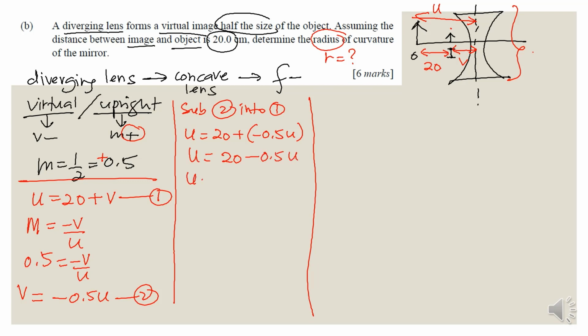U tambah 0.5 U sama dengan 20. So 1.5 U sama dengan 20. So U sama dengan 13.33 cm. Okay, so kira lagi sekali, betul tak? 20 bahagi 1.5.